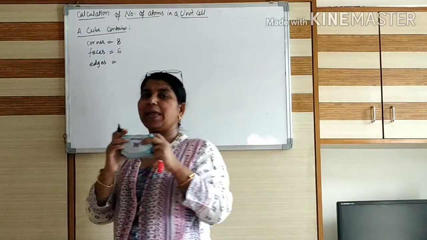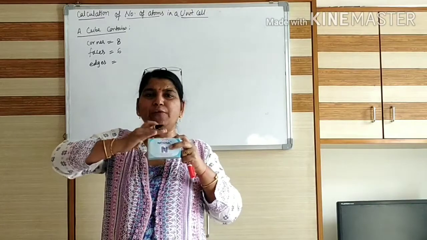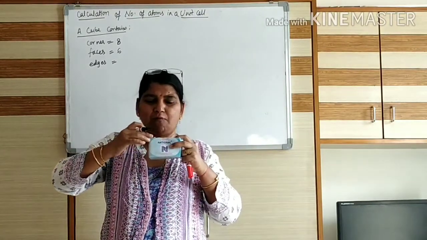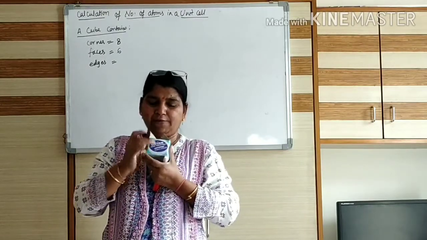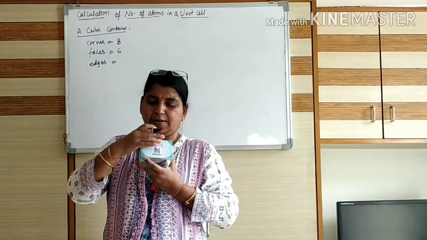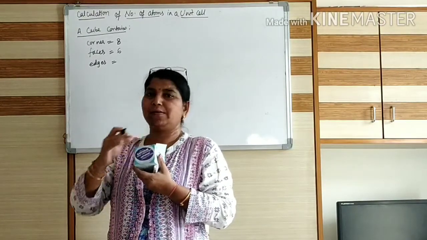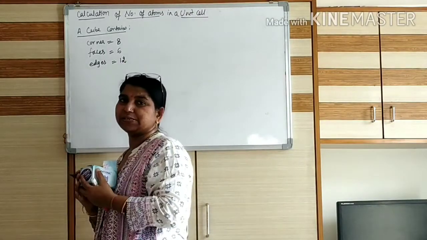What are edges? Where two faces meet. This line is an edge. 1, 2, 3, 4, 5, 6, 7, 8, 9, 10, 11 and 12. 12 edges are there.